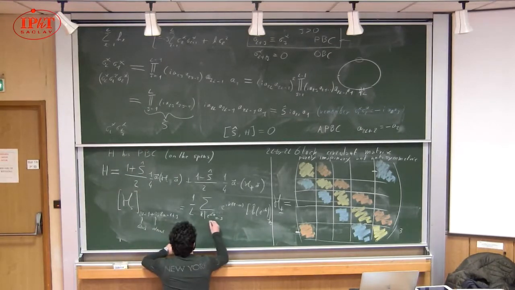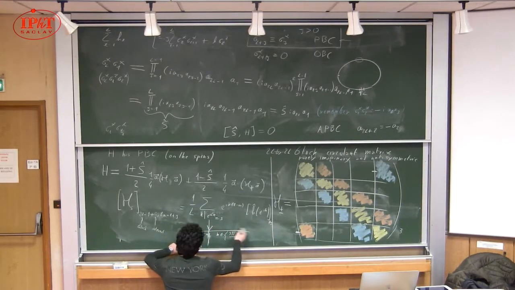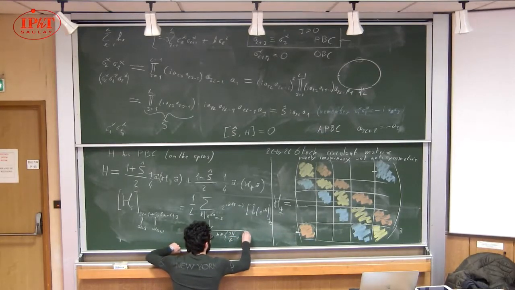So this means in one case, for S equal 1, the fermions belong to 2 pi over capital L, 4 pi over capital L, and so on.